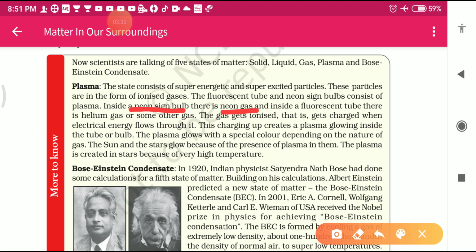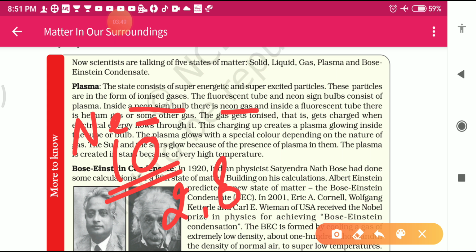Why is it called neon gas? If the atomic number of neon is 10, Ne equals 10, then when we do the electronic configuration of 10, it is 2, 8.